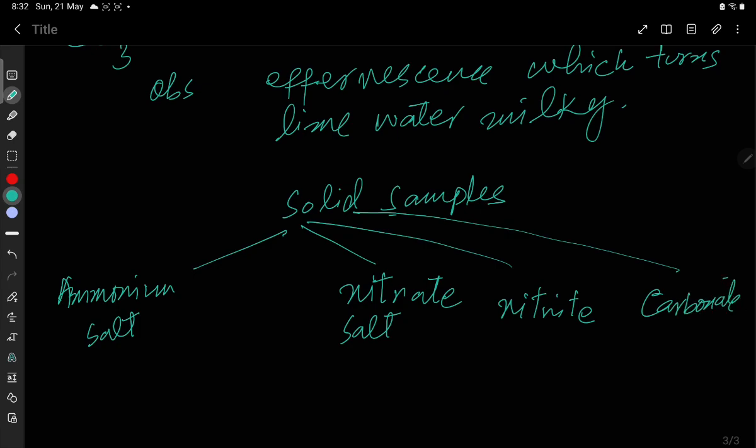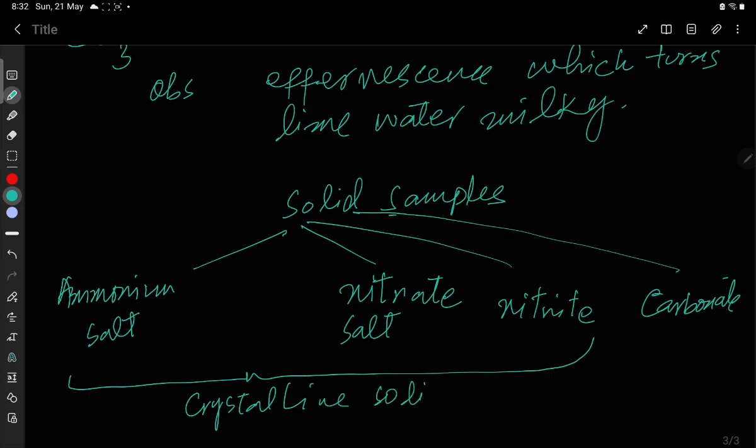If solid salts are crystalline, then nitrite, nitrate and ammonium salts are present, as they exist in crystalline solid form. And if powder, then that must be carbonate.